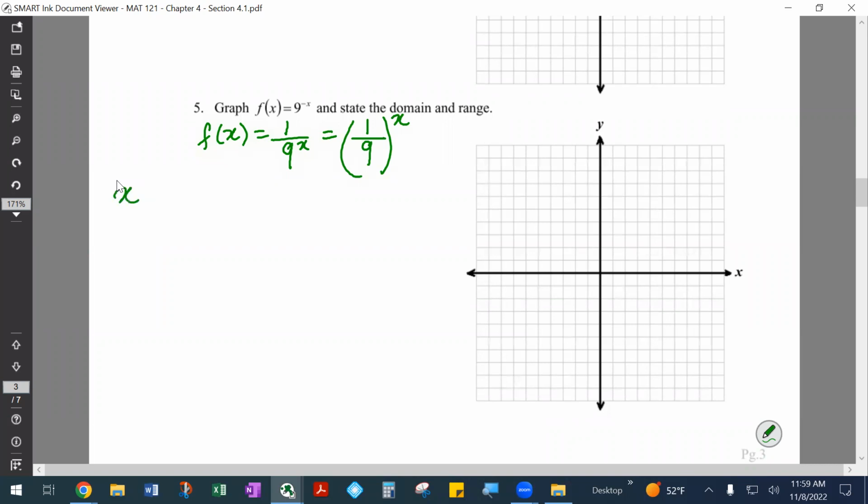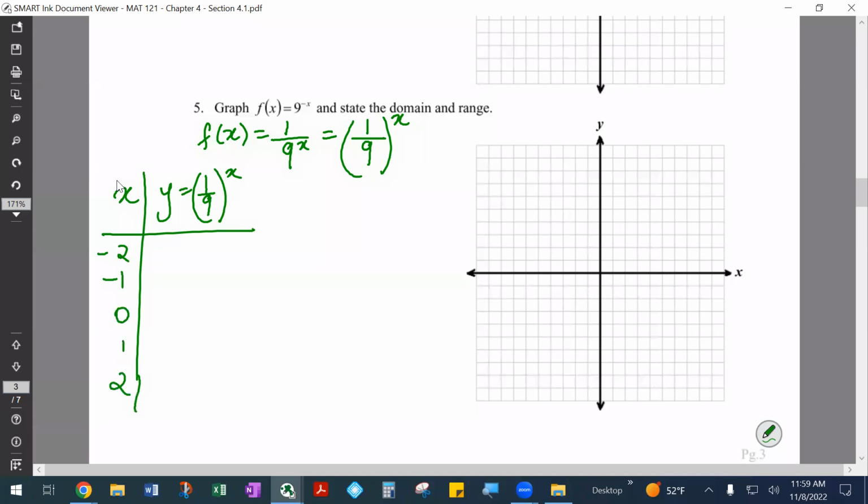Now again, if you do that same table with this function, let's see, that's going to be 1/9 to the power of -2. Since you have a -2 exponent, flip that fraction, which would make it into a positive exponent.